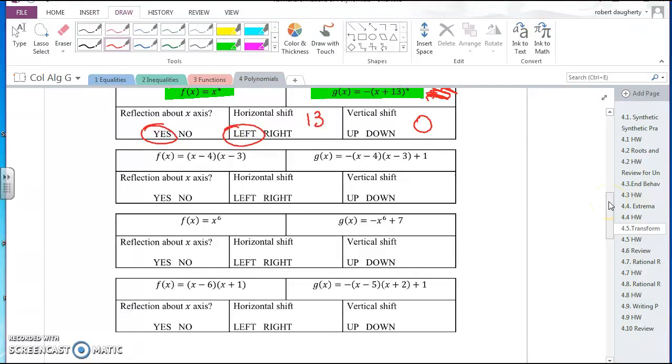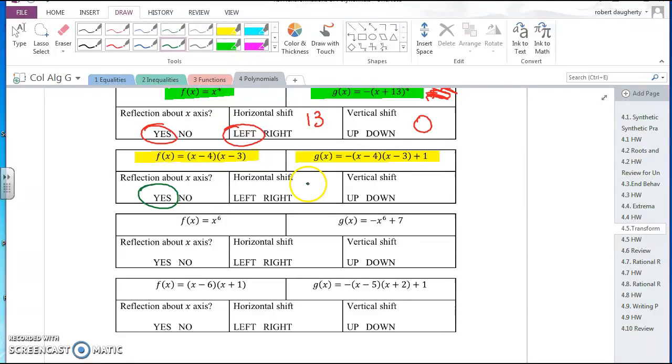Let's keep on going. What if it appeared in factored form? So here you have f of x is x minus 4 times x minus 3, g of x is negative x minus 4, x minus 3, plus 1. This negative sign tells me that yes, there's a reflection about the x-axis. And then to see if there's a horizontal shift, well, I've got x minus 4, x minus 3, x minus 4, x minus 3.